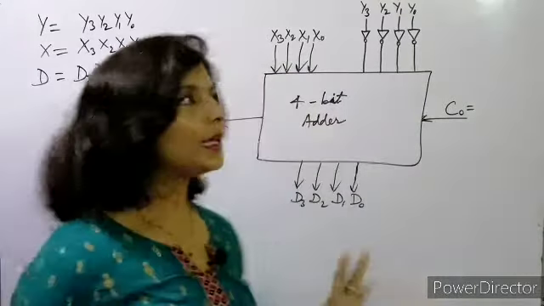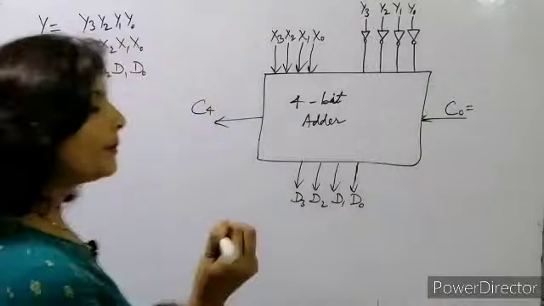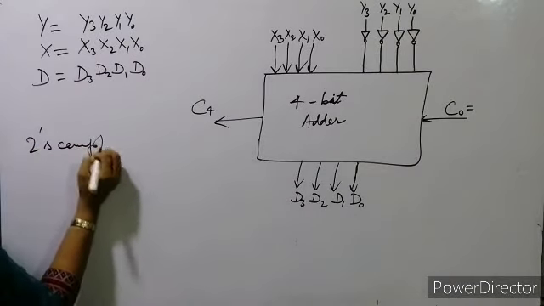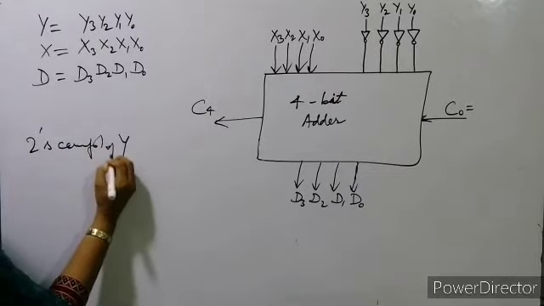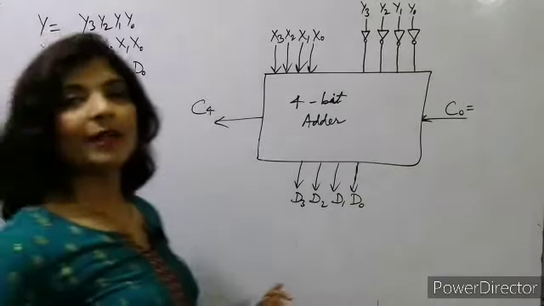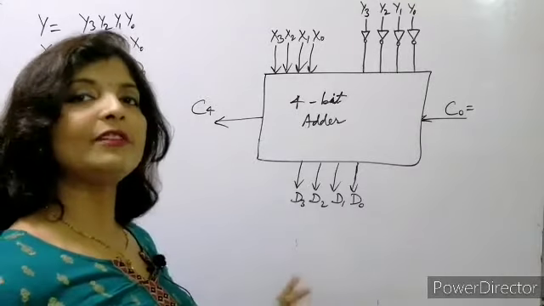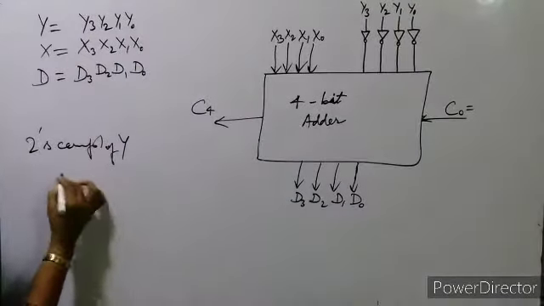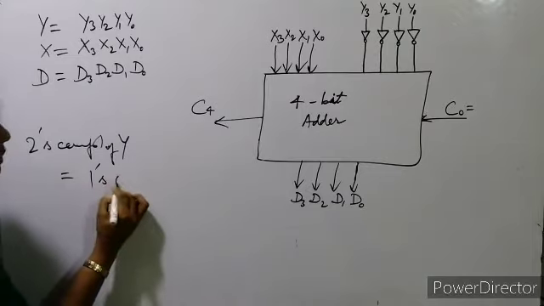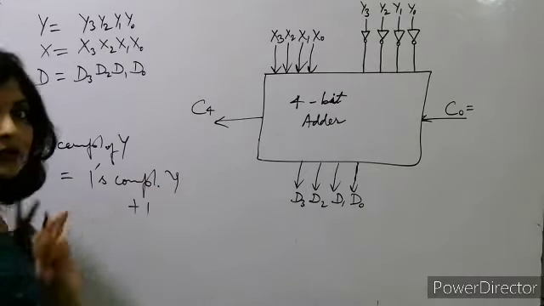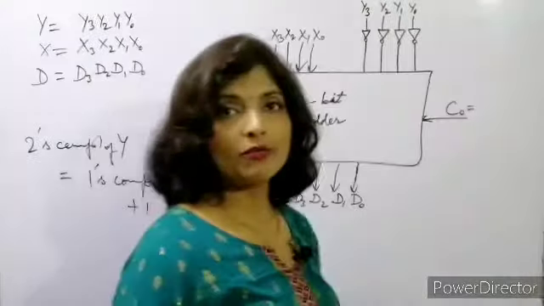So basically, the 2's complement of y. 2's complement of y means we first find the complement of y, the 1's complement, and then we'll add 1. 2's complement means 1's complement of y plus 1, okay. Then we'll get the 2's complement of y.